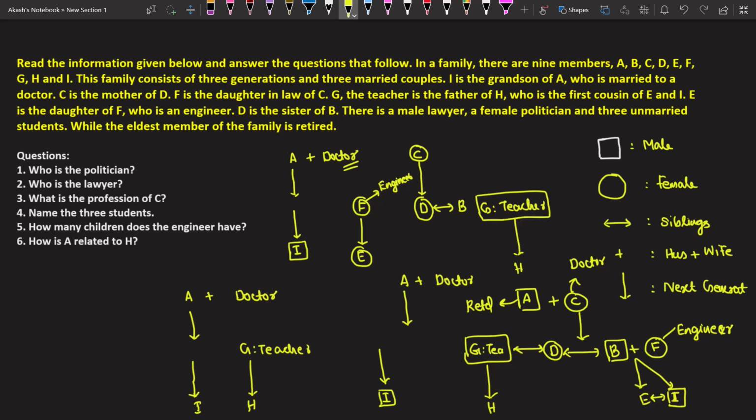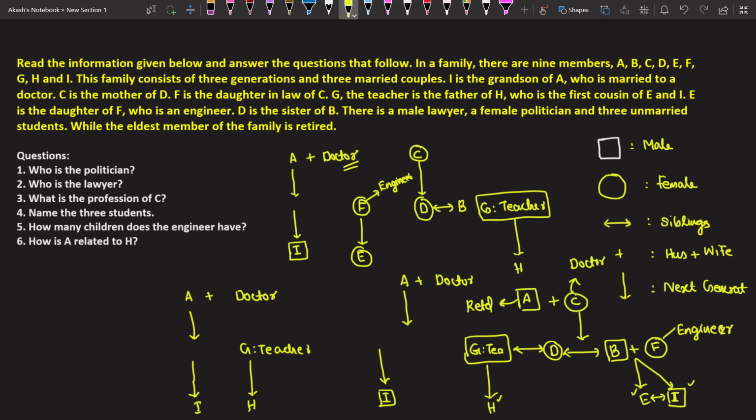They are telling that there are three unmarried students. A is married, C is married, G is married, D is married, B is married, E is married. Therefore, H, E, and I are the unmarried students.